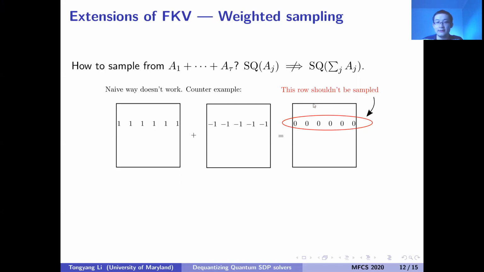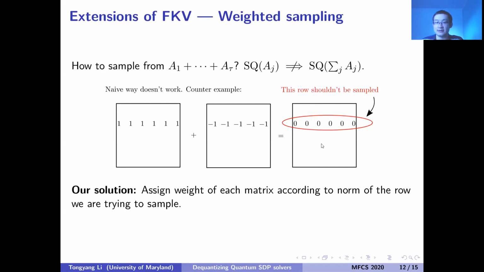But if you directly consider SQ query access, you will actually get this row, and you actually get this row. But for the summation, if you directly consider SQ query access, this row won't be sampled. So this is something that needs to be fixed. And this is our technique called weighted sampling. So how do we achieve this? We just assign a weight to each matrix corresponding to the norm of the row that we are trying to sample.